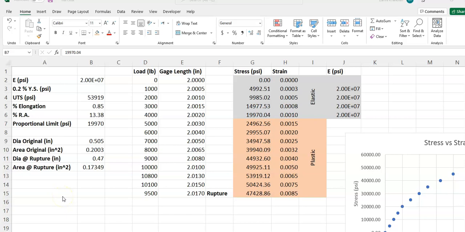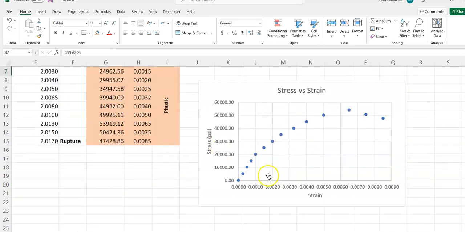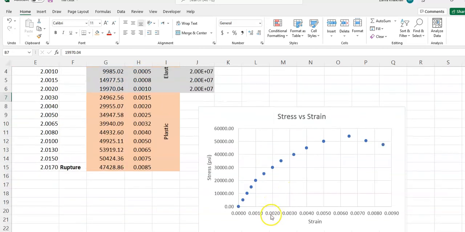Next, let's go ahead and find the 0.2% offset yield strength of the sample. Here we need to create a straight line which is parallel to this linear portion of the curve and starts from 0.002. Once you have 2 points, you can find the equation of the straight line.